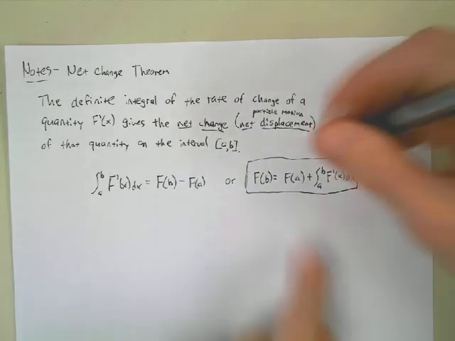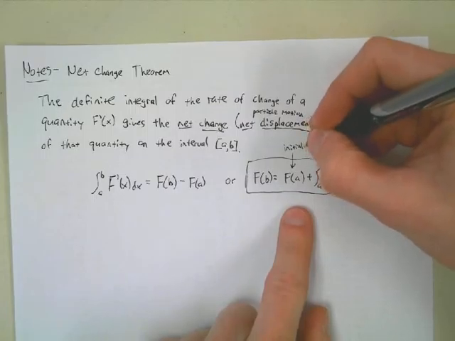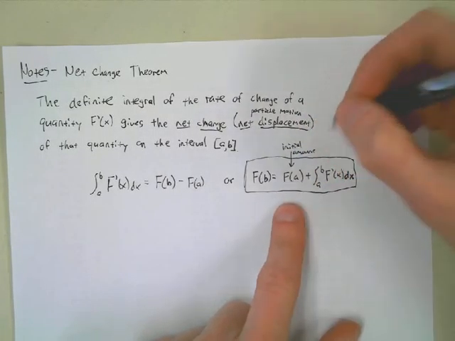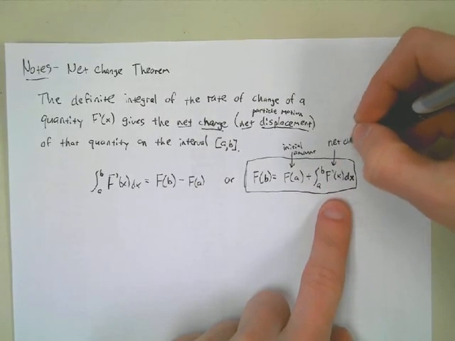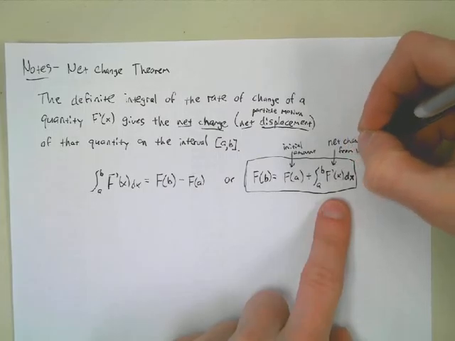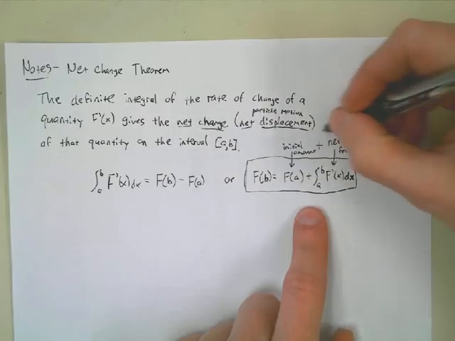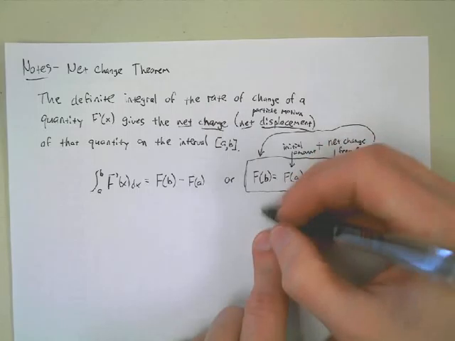So we can have some initial amount, or a starting point, okay? We're going to add to it the net change from A to B, and that yields the ending amount.